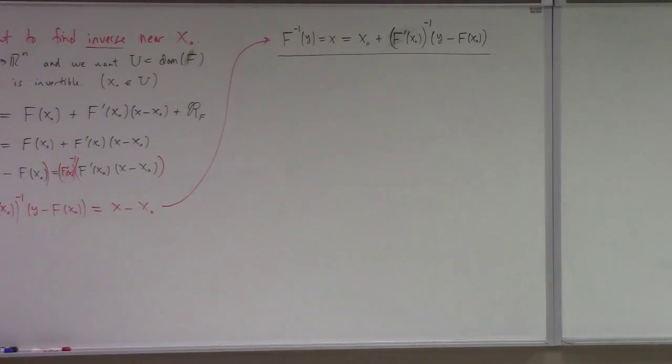So I can find an inverse to the linearization near the point, provided the Jacobian matrix is invertible. Right?